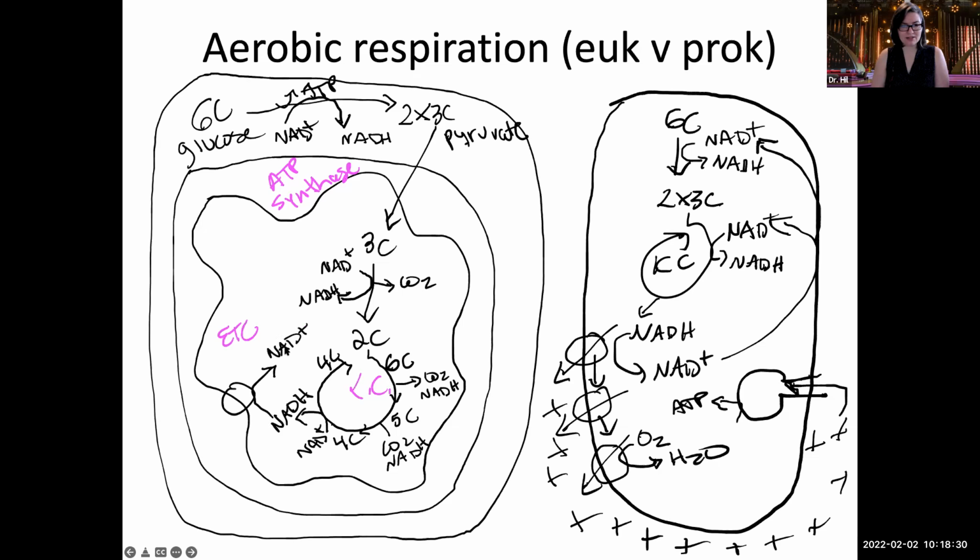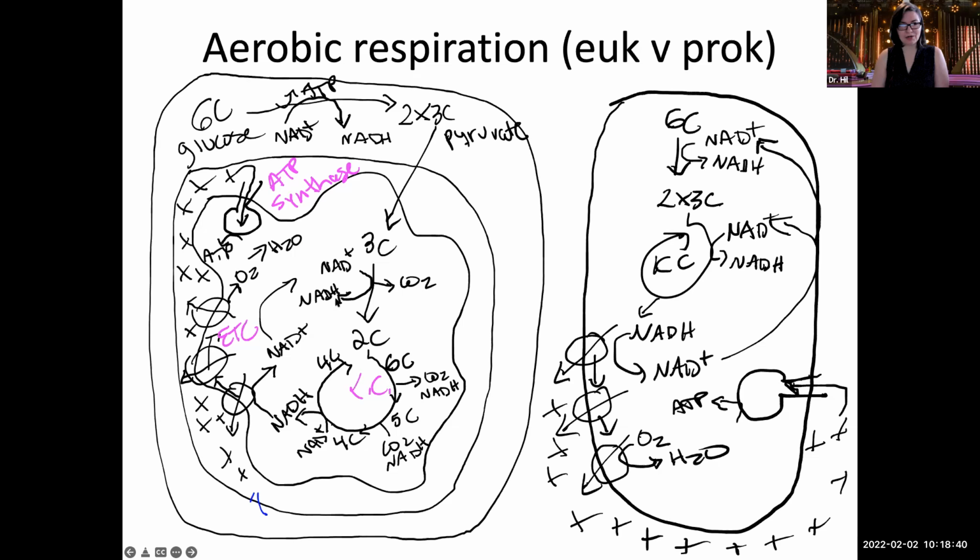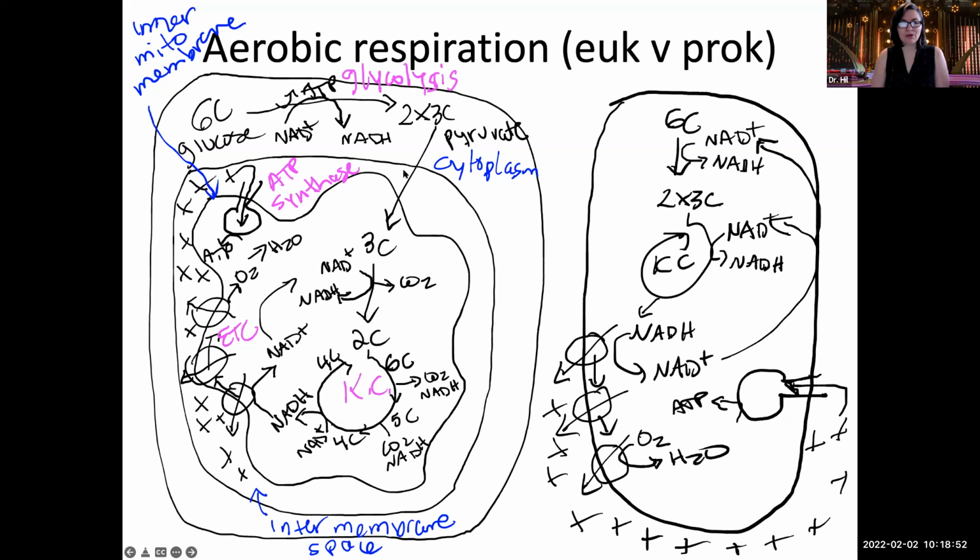And that oxidizes them back to NAD+, so they can go back and collect more electrons. Meanwhile, protons are pumped out into the intermembrane space. They come back through ATP synthase, and then ATP is generated. And so you can see there's a lot of similarities, but obviously it's a little more complex and a little bit less efficient in the eukaryotic situation, just because of this need to transport the pyruvate across two membranes.